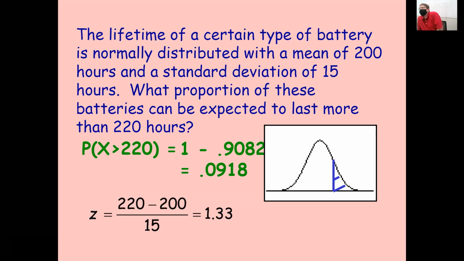This is another limitation of the table, that it always goes to the left, and they just let you figure out what you needed. What if you needed something in the middle? Well, then you'd have to subtract the difference between the two. It's all possible to do, it's just a little tiresome, a little tedious.